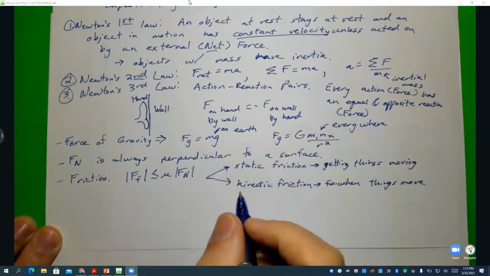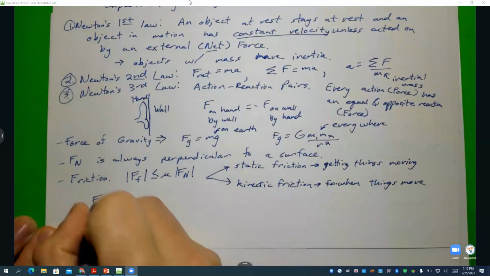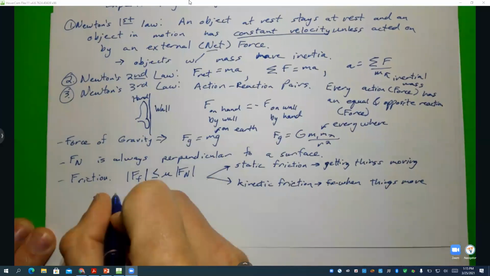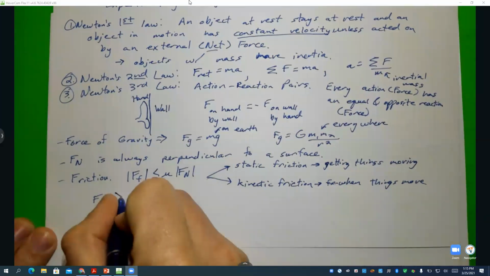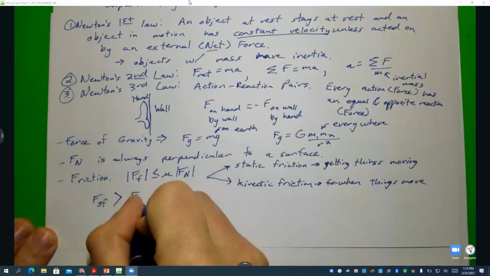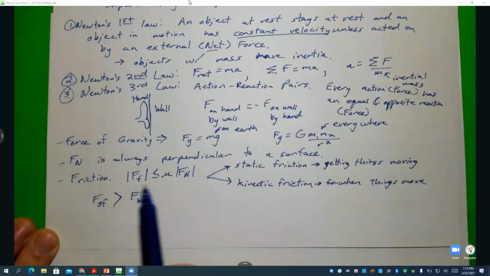So a couple things to know about that. The force of static friction, which is going to be SF, is going to be greater than the force of kinetic friction because it's harder to get something moving than it is to keep it moving.